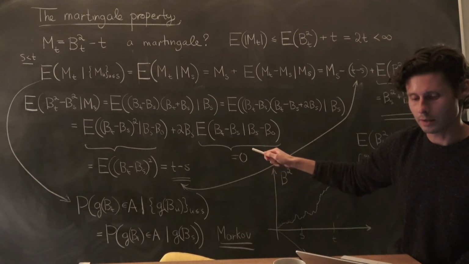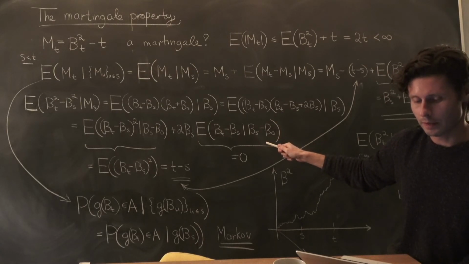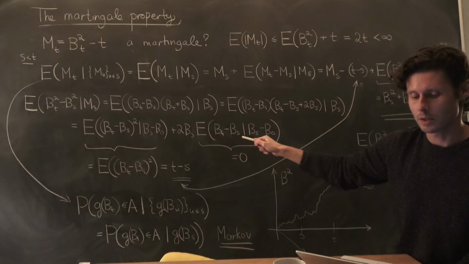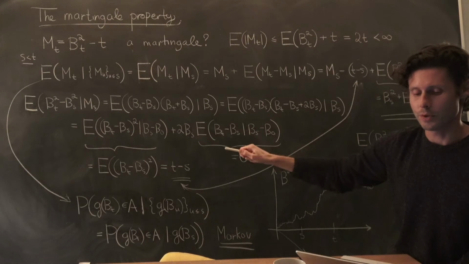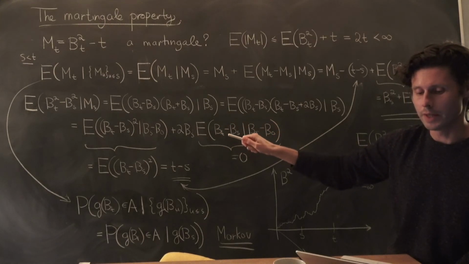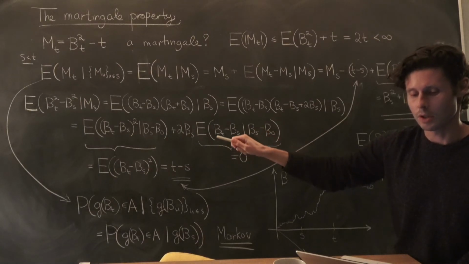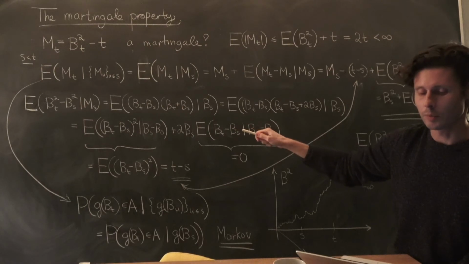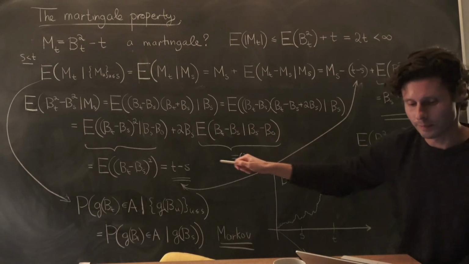So why is it 0? First of all, it's conditioned, so you want to be careful, but it is again an independence of increments property. This increment is independent of this one. These two random variables are independent, and so the expectation of this, given something that's independent of it, is just the expectation of the original random variable, this increment. The increment is mean 0, and so this expectation is 0.